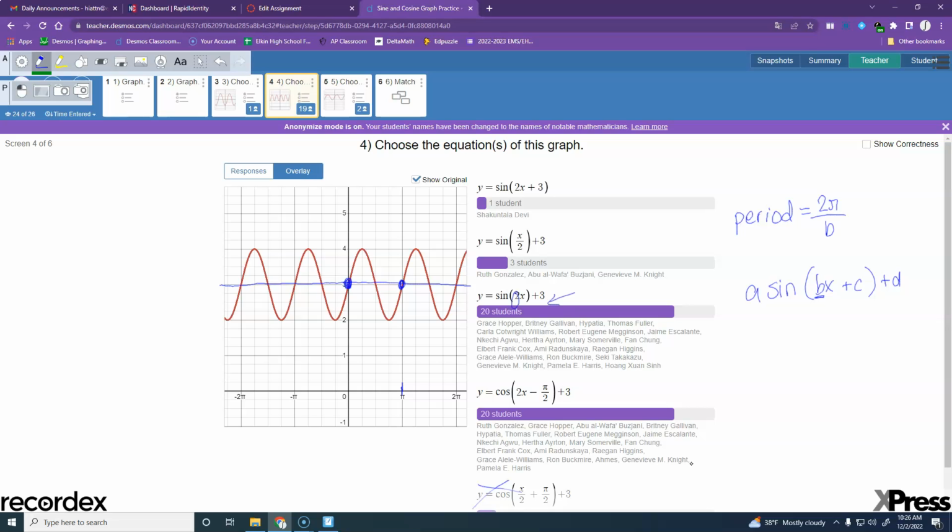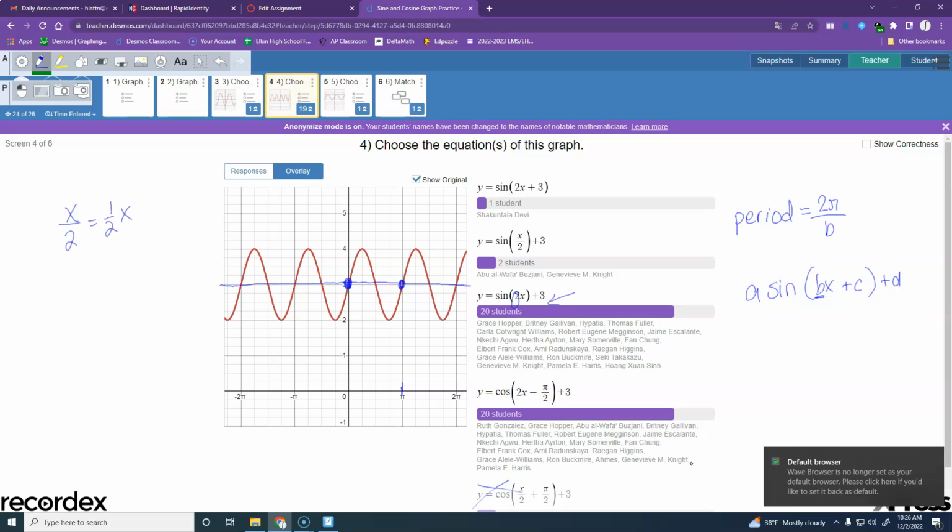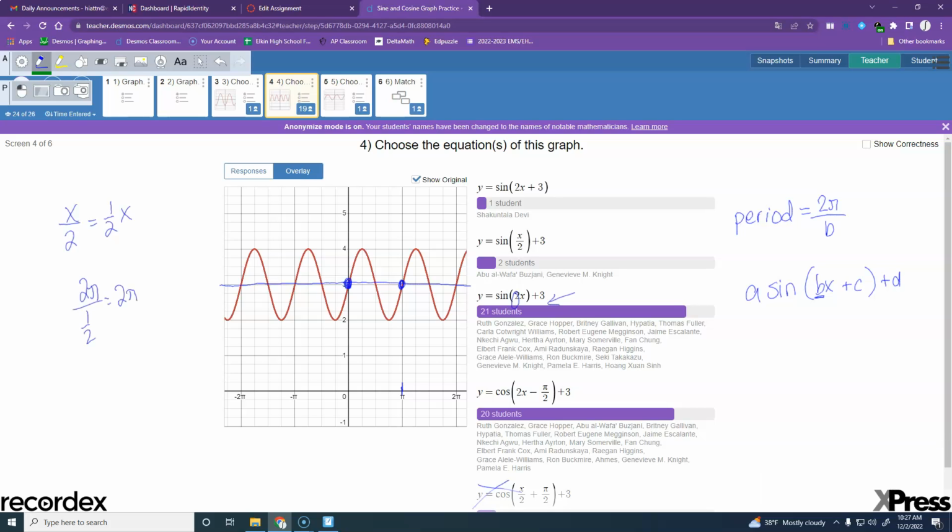It's got x over 2, which is like having 1/2 x. So the period for it would be 2 pi divided by 1/2, which is 2 pi times 2 over 1, which is 4 pi. So if there is one that works, it's going to be this one right here, but we need to know for sure if it is.